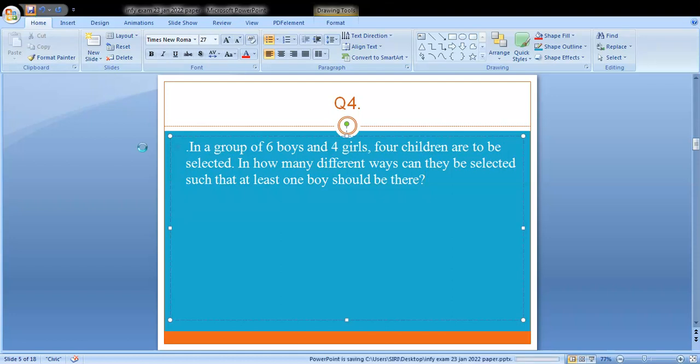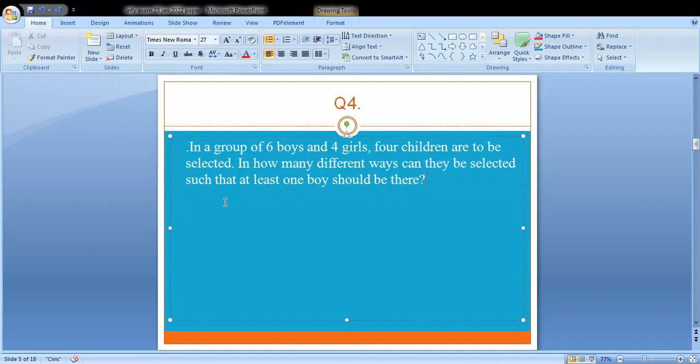In a group of 6 boys and 4 girls, total 10 children are there. 4 children are to be selected. So from 10, if you want to select 4, we write 10 C4. In how many different ways can we select so that there is at least one boy?